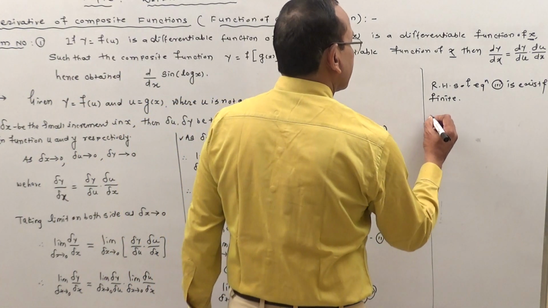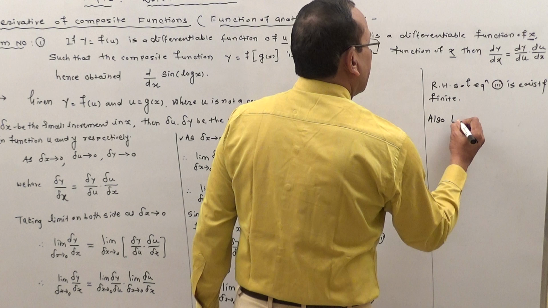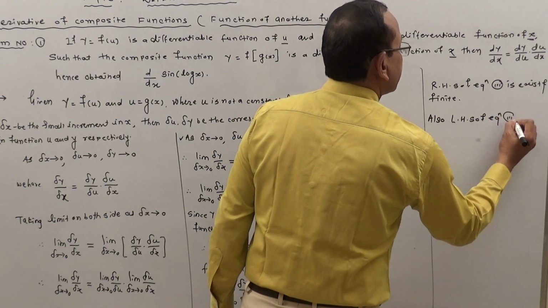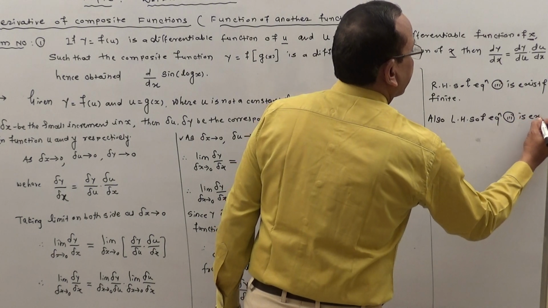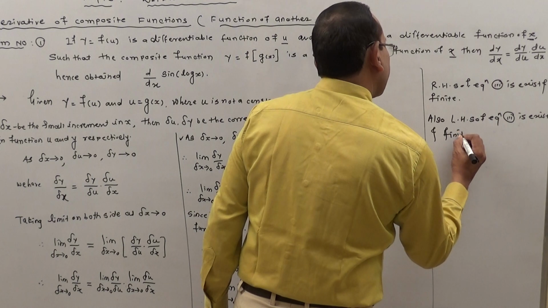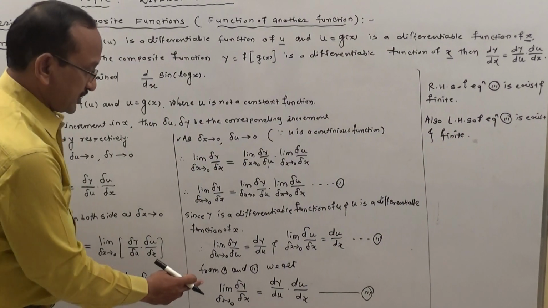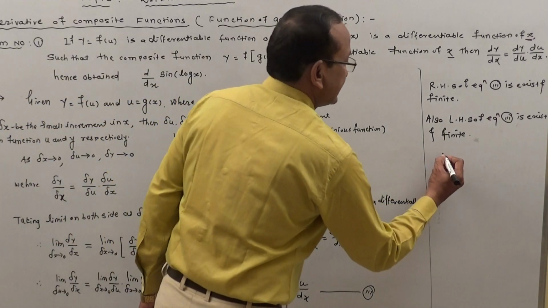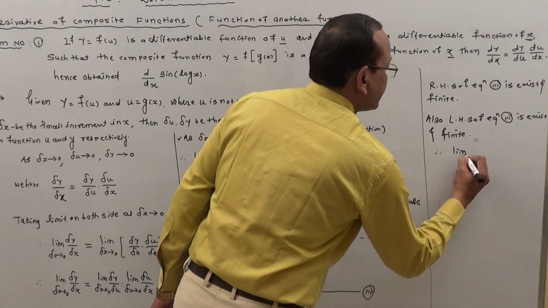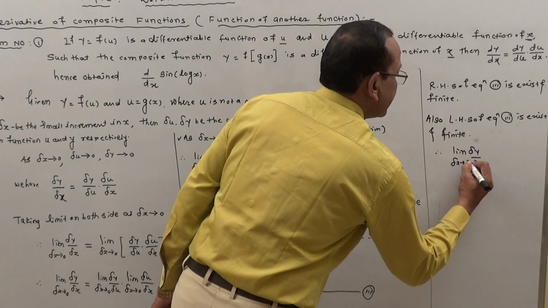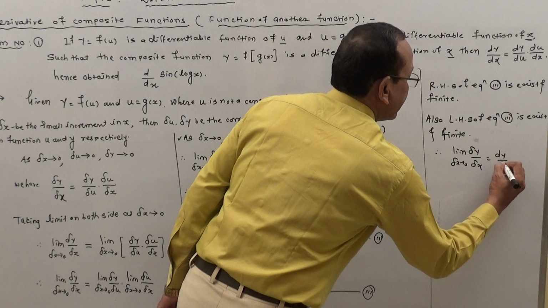Also the LHS of equation 3 exists and is finite. By the definition, the limit of delta y by delta x as delta x tends to 0 is dy by dx.